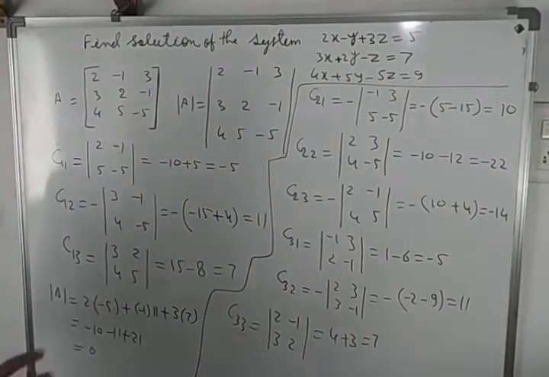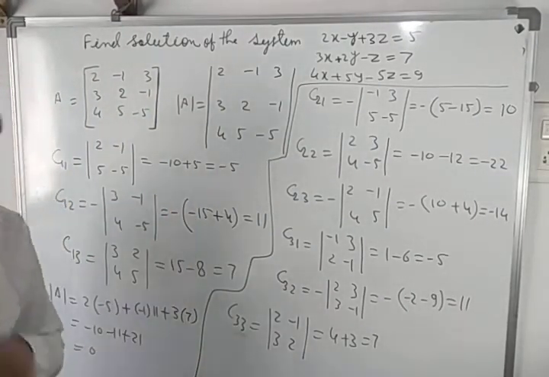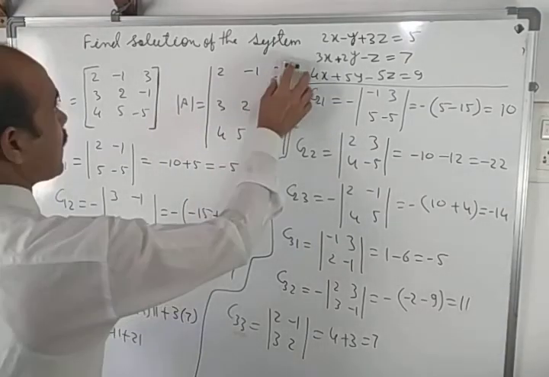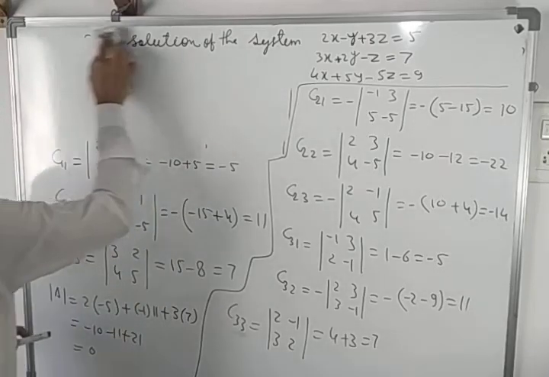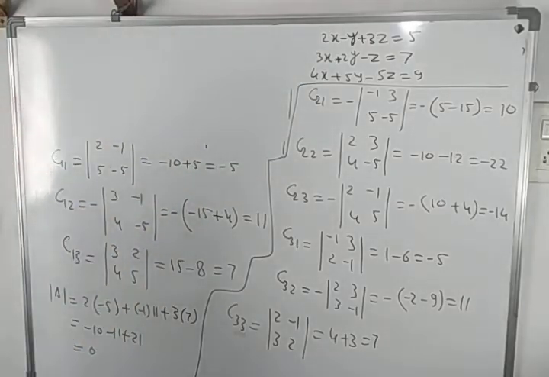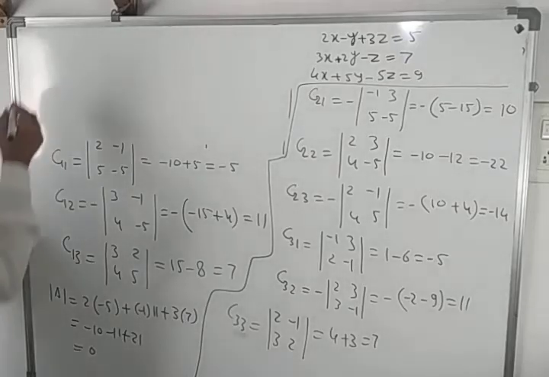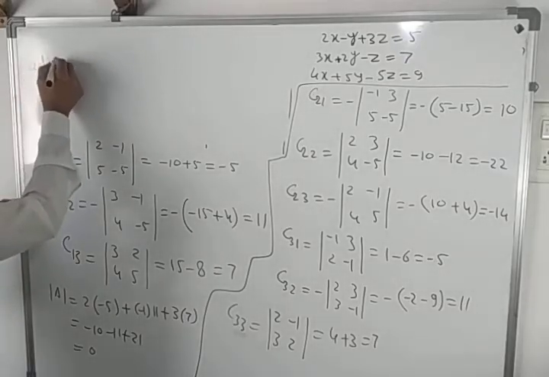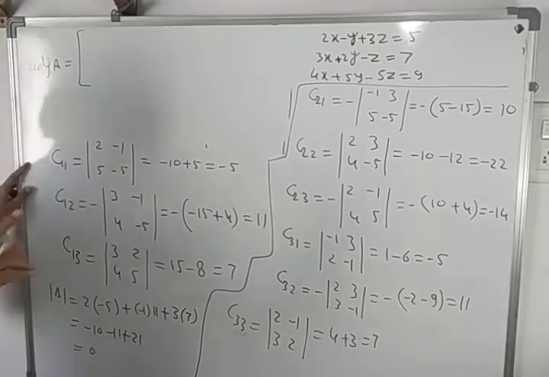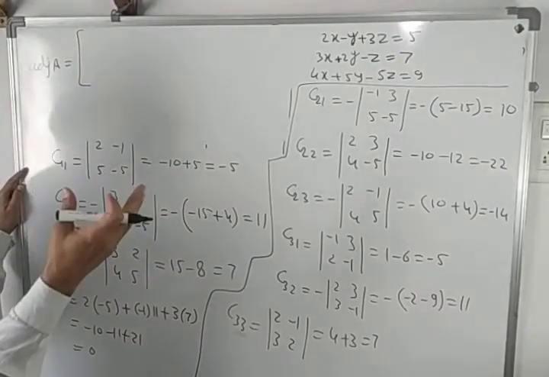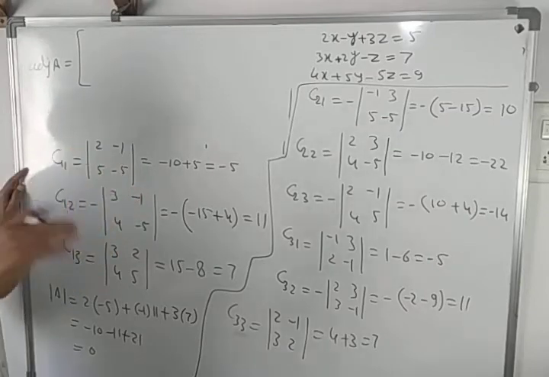So now with the help of this we will get the adjoint of A. First row is this: minus 5, but see, we have to find out the transpose. After putting the cofactors in place, we take its transpose.